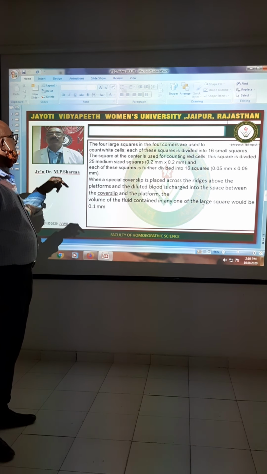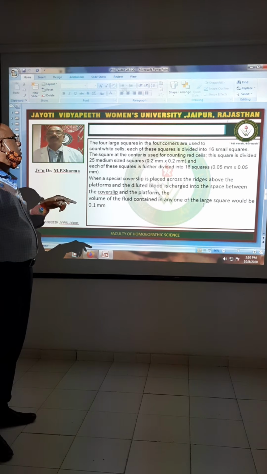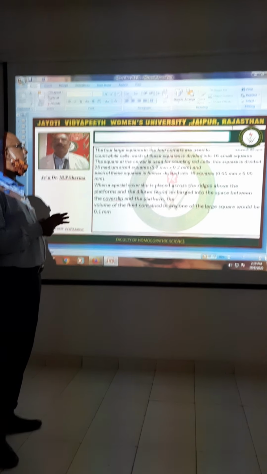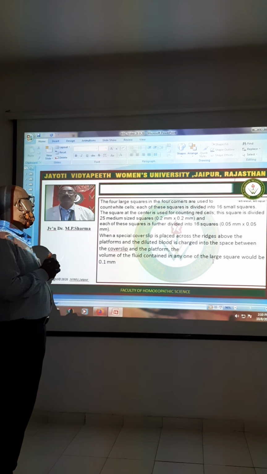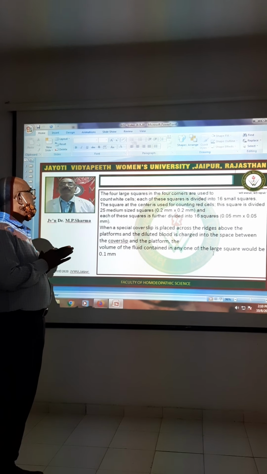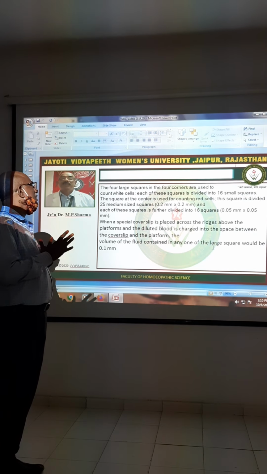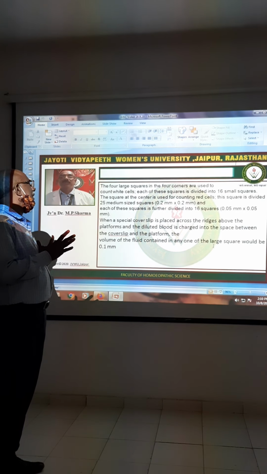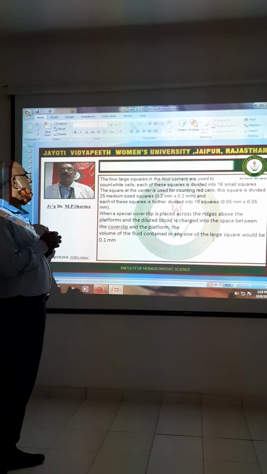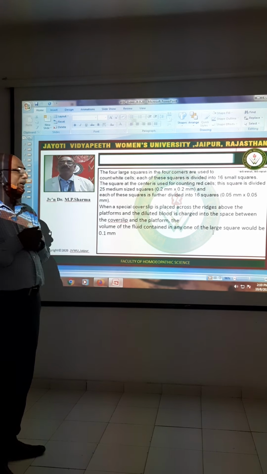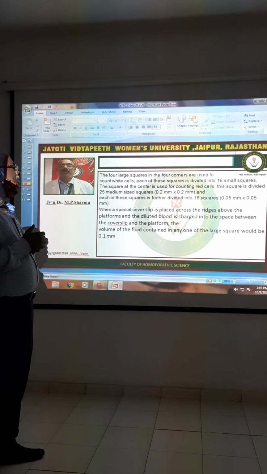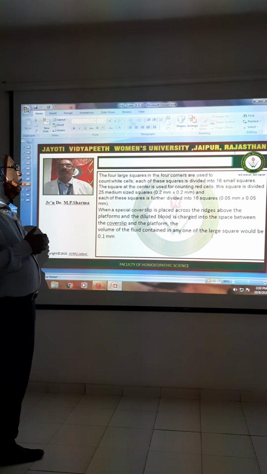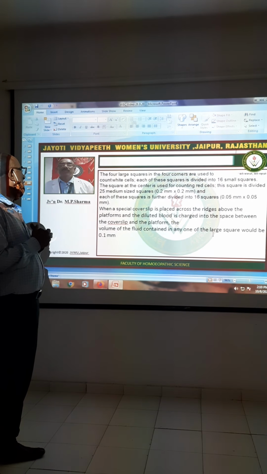The square at the center is used for counting red cells, and this square is divided into 25 medium size squares. That means 0.2 millimeter into 0.2 millimeter, and each of these squares is further divided into 16 squares. That is 0.05 millimeter into 0.05 millimeter.